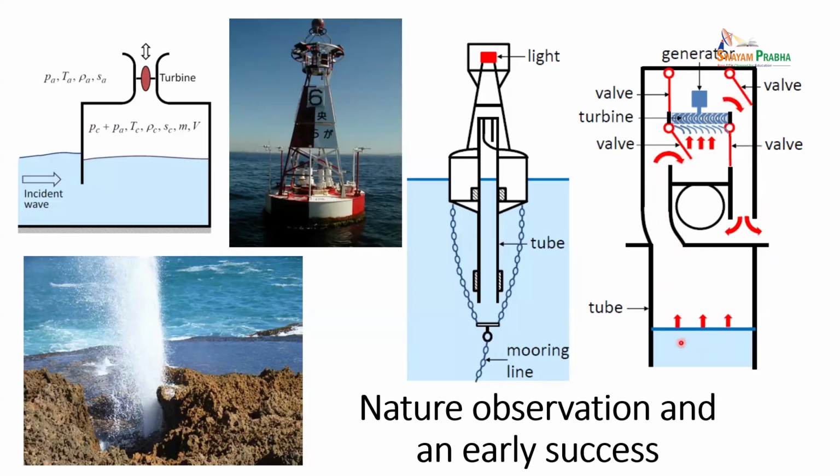So if the water surface moves down, this valve opens, right? Then air goes through here. You can say no matter whether the water surface moves up or down, the air goes through the turbine in one direction, right?